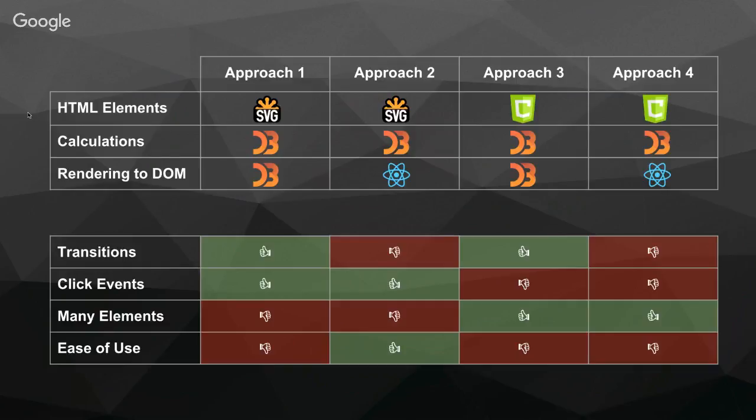Starting with HTML elements, the two most common ways to render visualizations to the DOM in the browser are via SVG elements or canvas elements. If you were to literally inspect SVG elements in the DOM, you could see the individual elements.